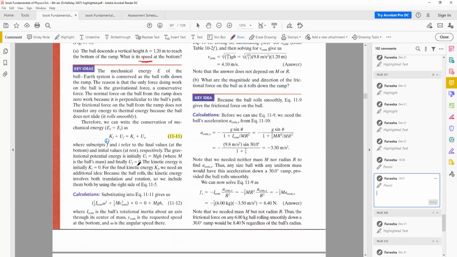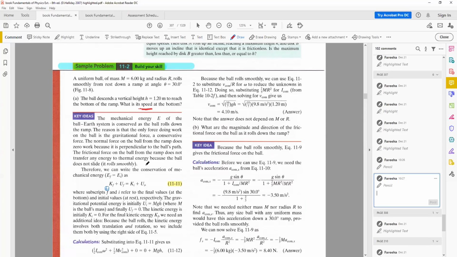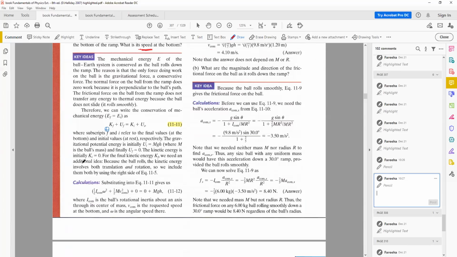Now for kinetic energy, since the body is starting from rest, the initial kinetic energy depends upon velocity. The initial velocity is 0, therefore the initial kinetic energy is 0. The final kinetic energy Kf has a value, and we are going to talk about this.